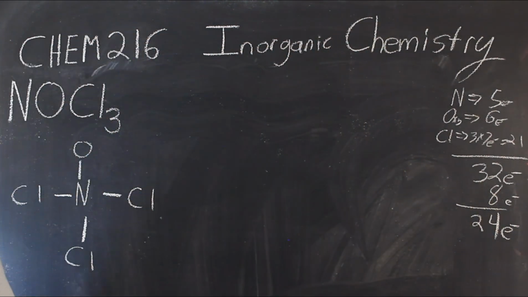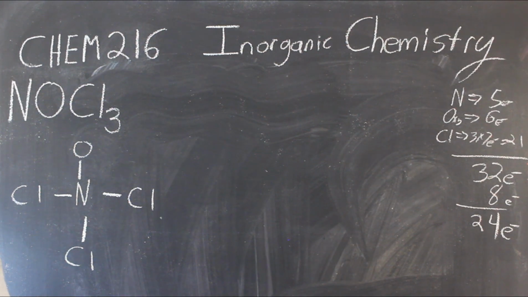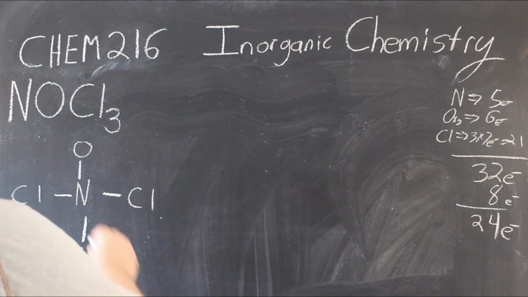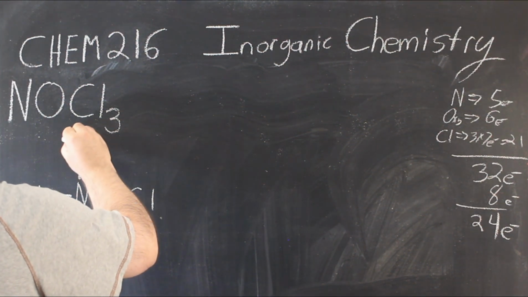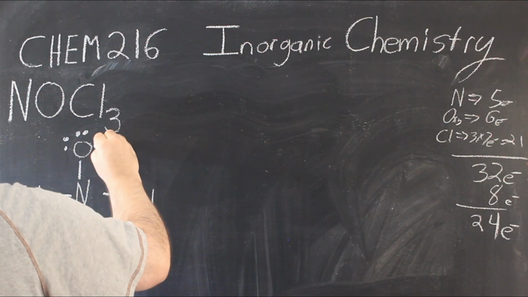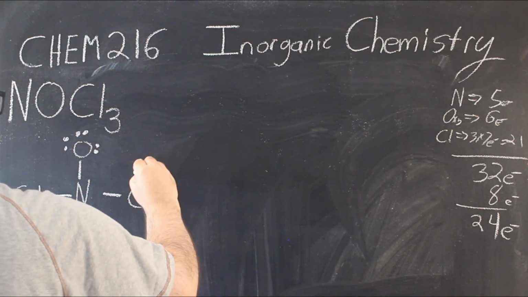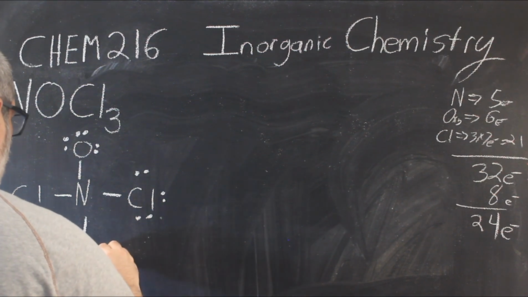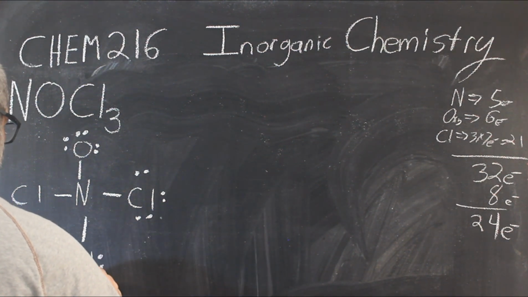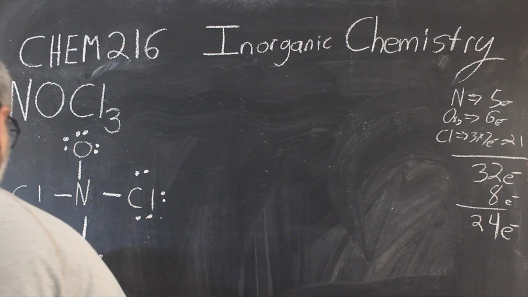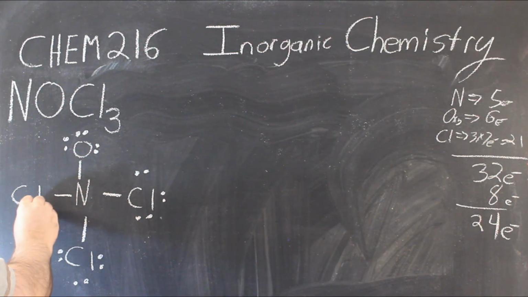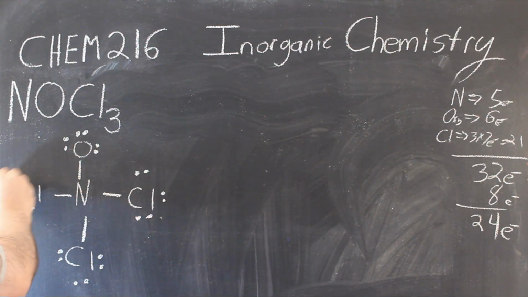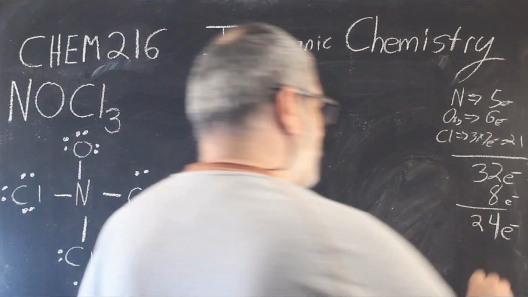Now what I'm going to do, I have 24 electrons. I'm going to put them in as lone pairs and then go from there. So 2, 4, 6, 8, 10, 12, 14, 16, 18, 20, 22 and 24. Obviously, you don't have to count aloud as you put them in.